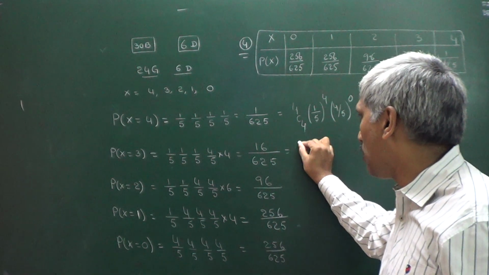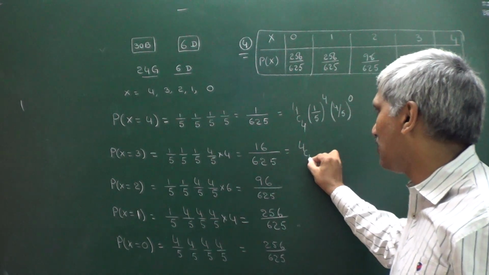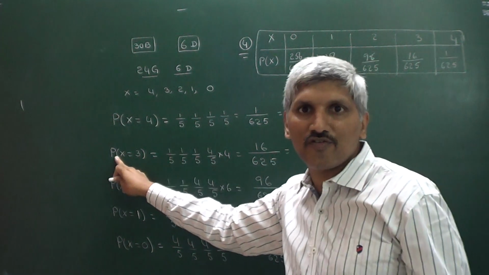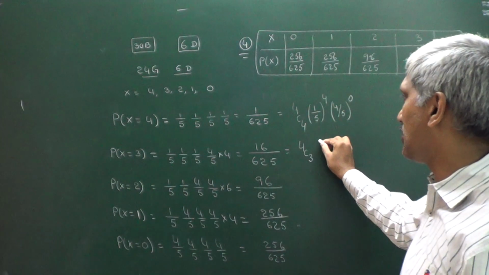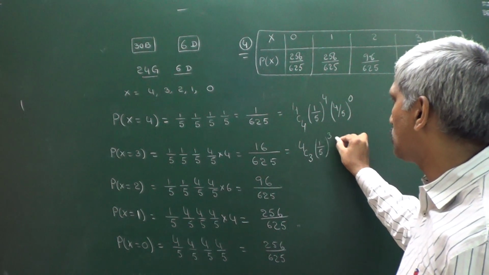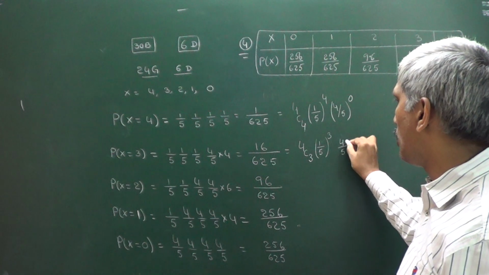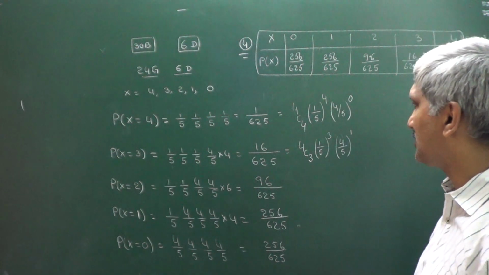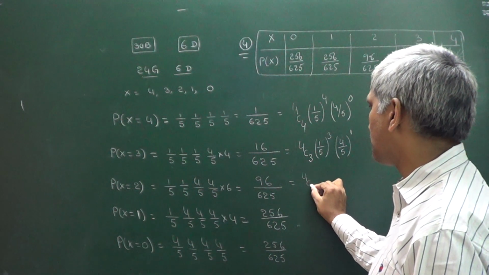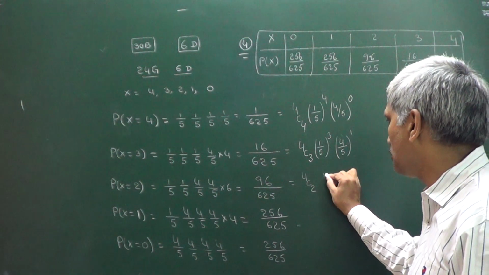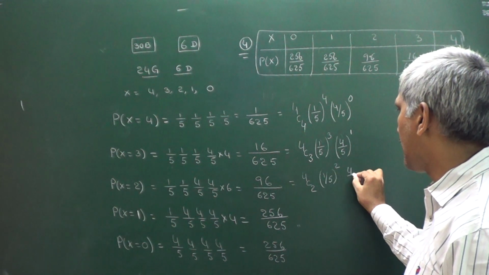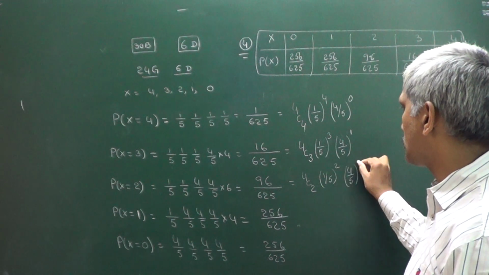And here, out of 4 we have to get 3 defective. That is equal to 4C3 into 1 by 5 whole to the power of 3 into 4 by 5 whole to the power of 4 minus 3. Next, out of 4 we have to get 2 defective, and 4 by 5 whole to the power of 4 minus 2.